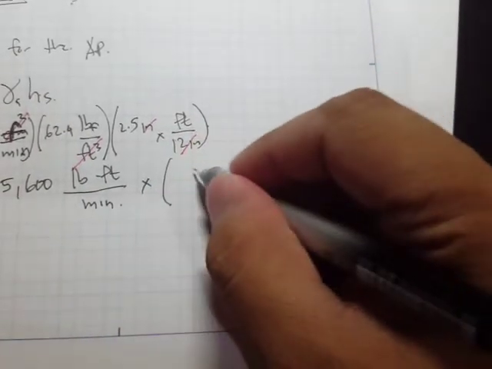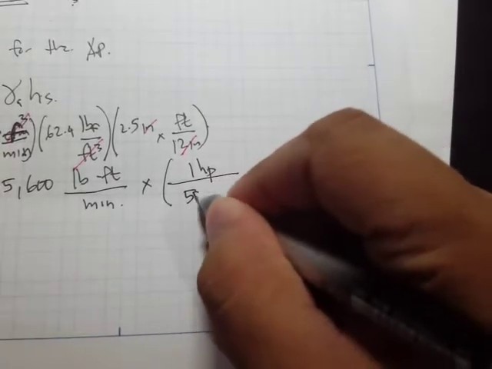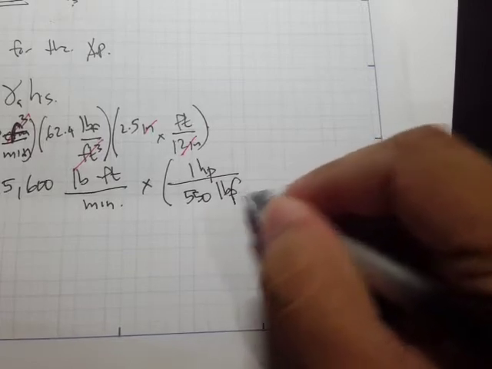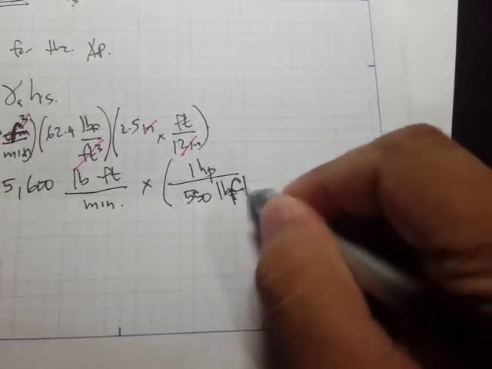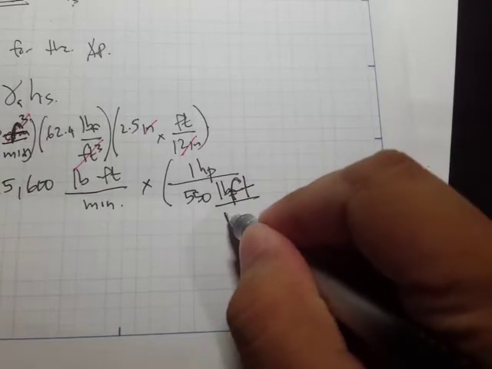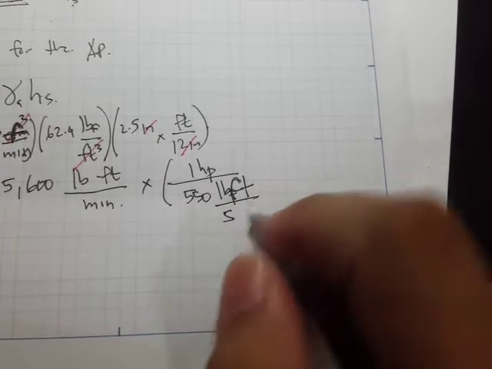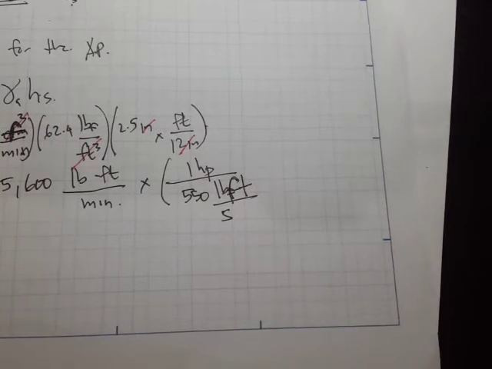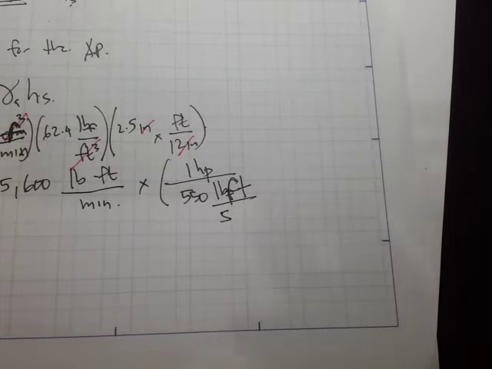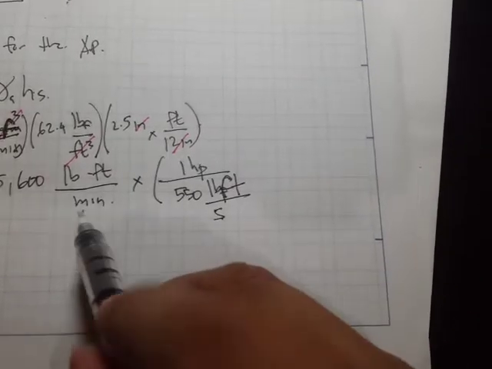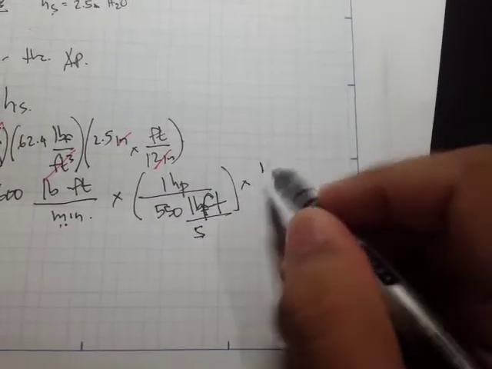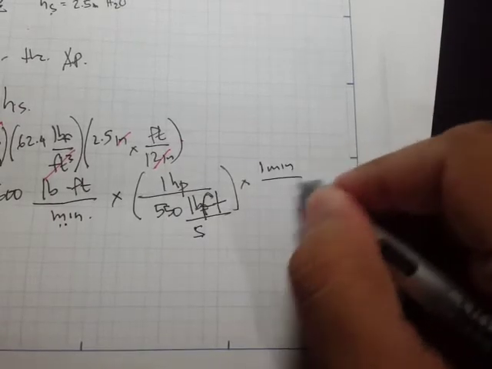So we have 1 HP is equal to 550 pound foot, of course that's going to be pound force, pound foot per second. And since this is in seconds, this is in minute, then let's convert this to seconds. That's going to be times 1 minute per 60 seconds.